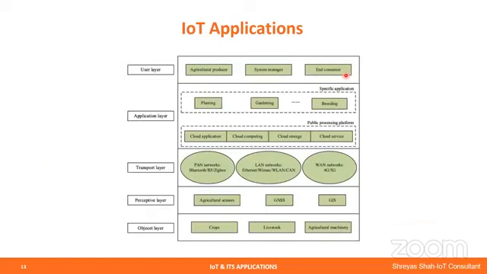Now, I'm just trying to brief you about how we discuss the stack and the application of agricultural applications. So the object layer or perception layer can be our physical or MAC layer. Just try to visualize the IoT stack which I explained to you a few slides before.